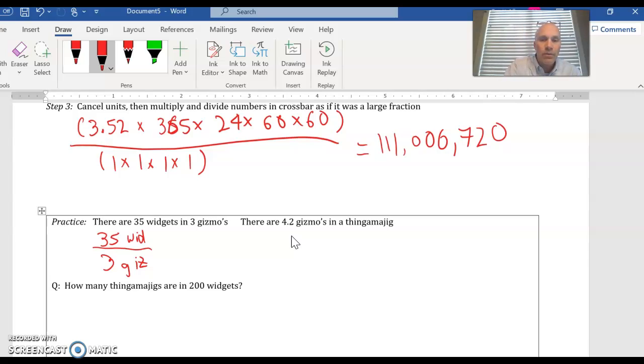And over here there are 4.2 gizmos in 1 thingamajig. Notice that it does not say the number 1. It says "a", but "a" literally means 1, when you're talking about math. 25 miles an hour means 25 miles in 1 hour.